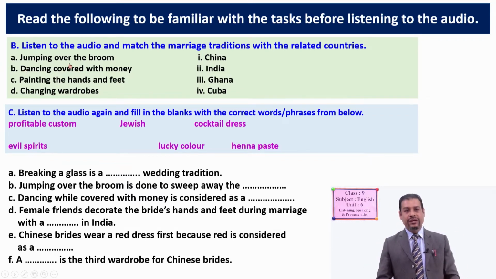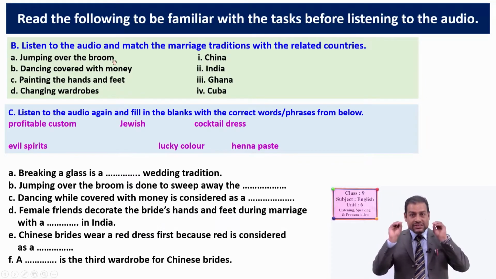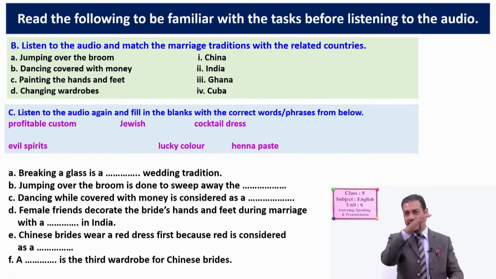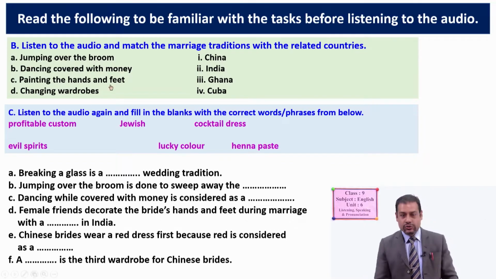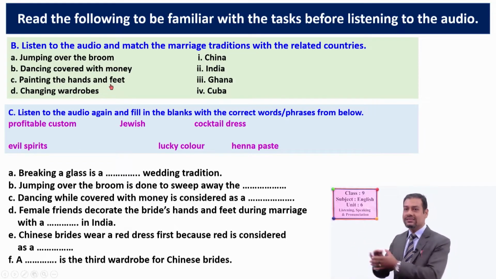A, jumping over the broom, and we have China here. B, dancing covered with money, we have India in this column. C, painting the hands and feet, and we can find Ghana here. D, changing wardrobes, and here is Cuba. You have to listen to the audio very carefully and match the marriage traditions with the related countries.